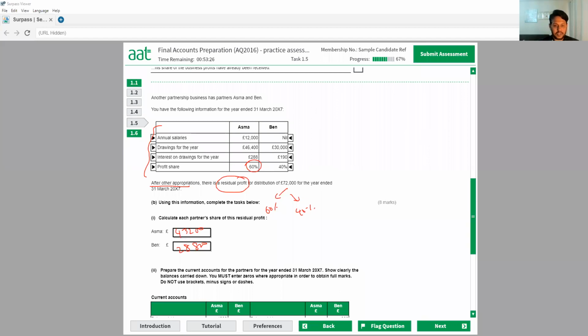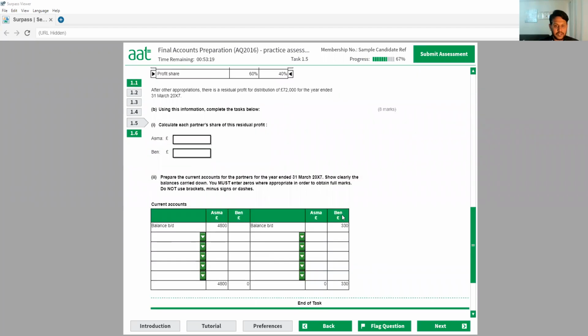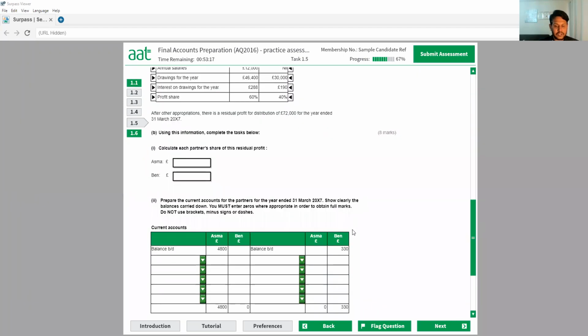Now move to the current account. Current account is quite simple. Remember that in the current account, if the partner is expecting any money from the business, we record it on the credit side. So partners expecting any money from the business, for example salary, interest on capital, the profit share, everything will be on the credit.